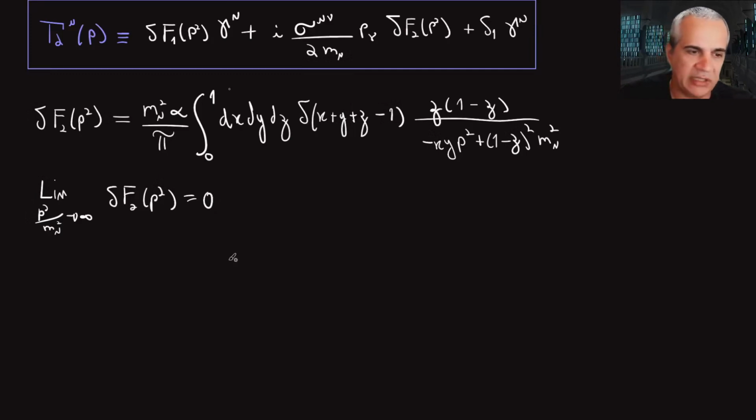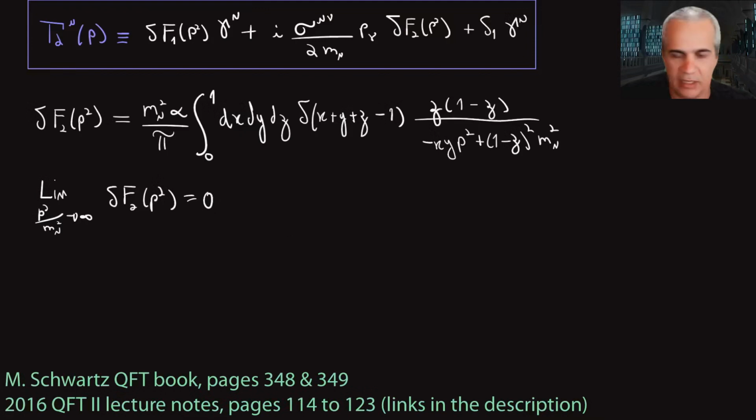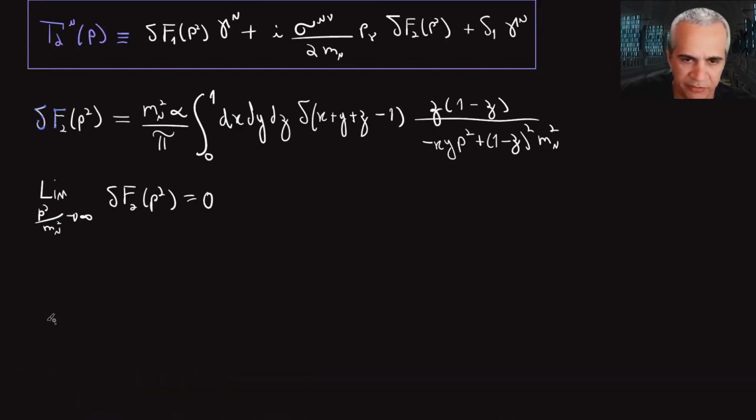We didn't do that calculation, but you can find it. I'll put the references in the comments for the videos, but you can find that in Schwartz and also in some old lecture notes of mine. So if I did calculate delta F1 with Pauli-Villars regularization, it would look like this.